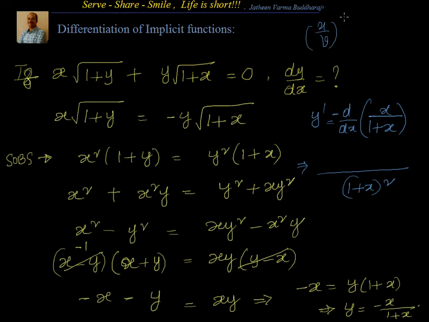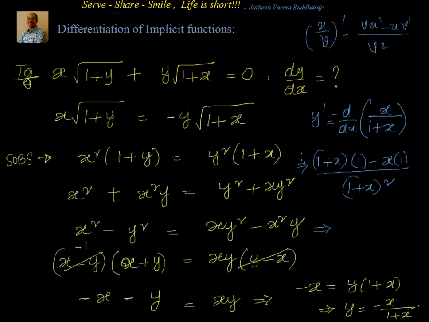What's the derivative? The derivative of u by v is equal to v square in the denominator, and in the numerator v into u dash minus u into v dash. So v is 1 plus x, u dash is the derivative of x, which is 1, minus u, which is x, into v dash, which is 1.